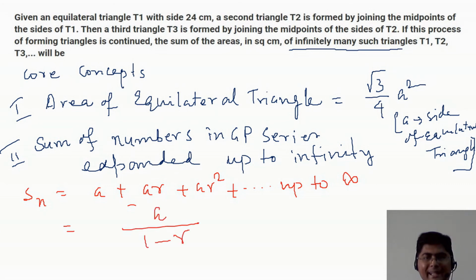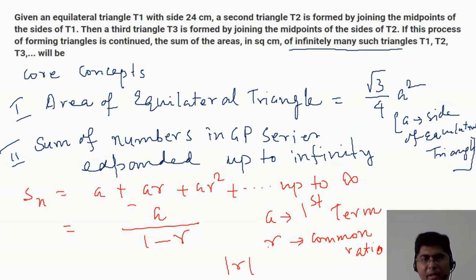Now what is a? a is the first term and r is the common ratio. Another condition is important: mod r should be less than 1. Then this formula holds. Otherwise, it will not be possible to derive this formula, right? Okay.